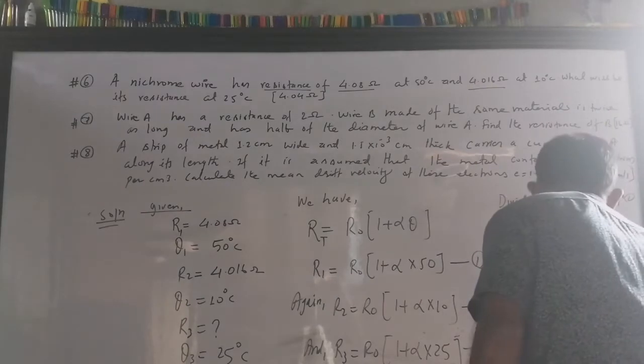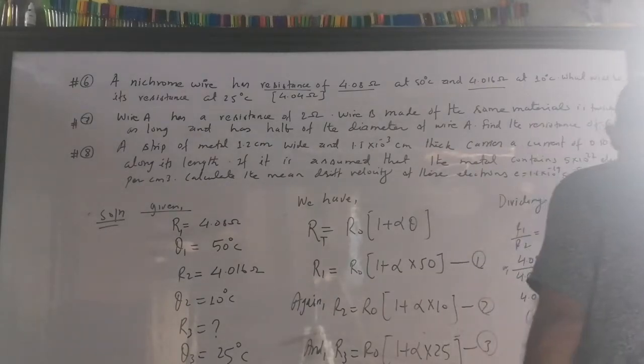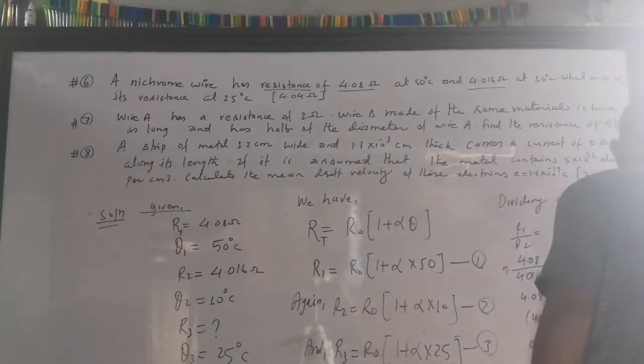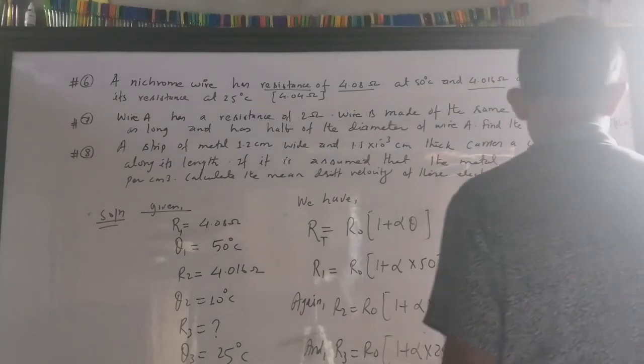So now I can get alpha equals, let's subtract this: 4.08 minus 4.016, so 7 minus 1 is 6, and we get 0.064, actually minus 0.064.